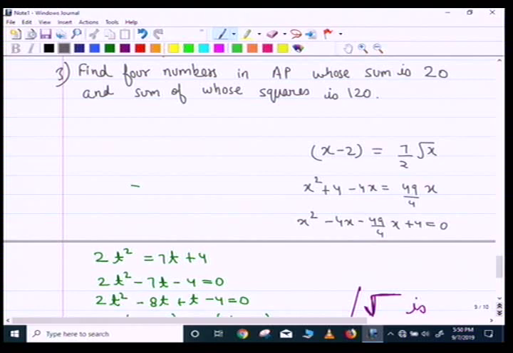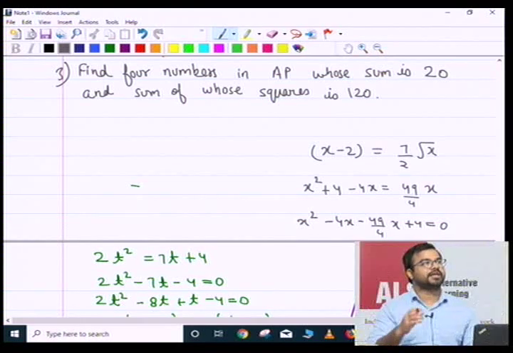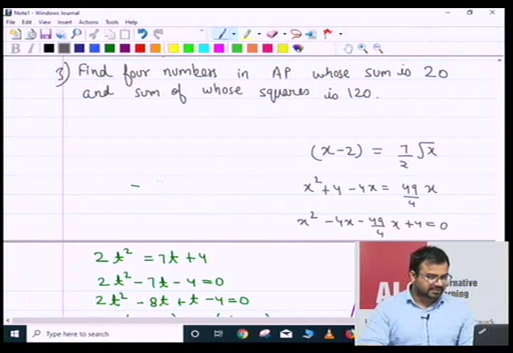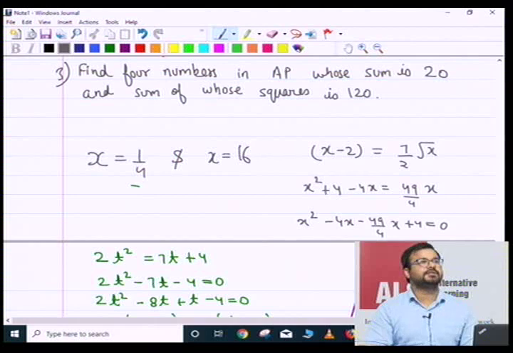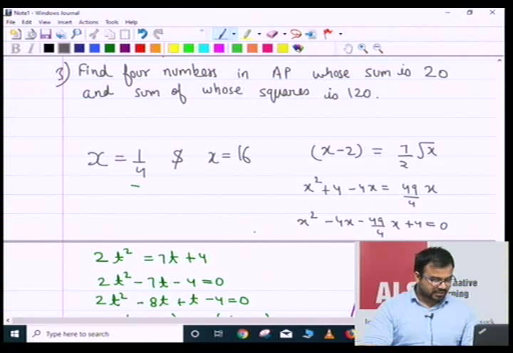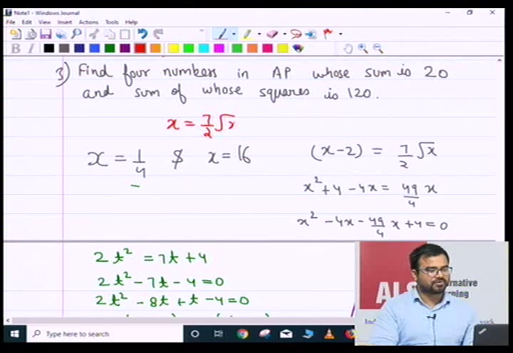So Itanagar, since you are getting two values of x by that method, listen here. When you are solving, you are getting x is equal to 1 by 4 and x is equal to 16, right? These are the two values you are getting. Now, if you are going to check these values in the original question, x is equal to 7 by 2 root x plus 2. This was our equation, right?